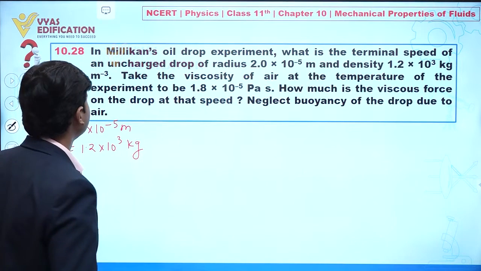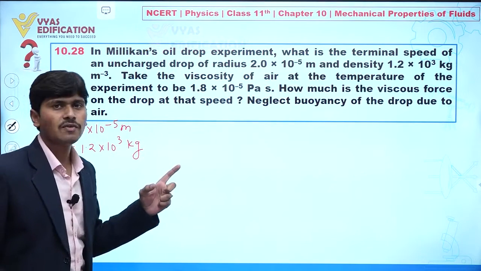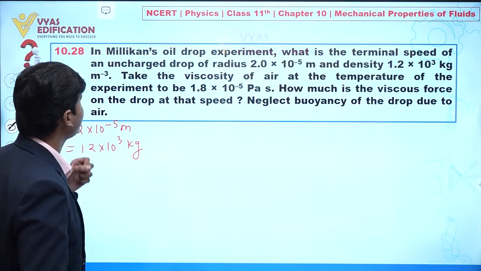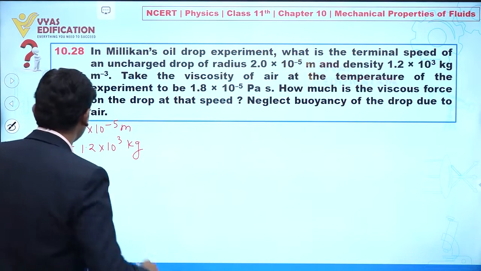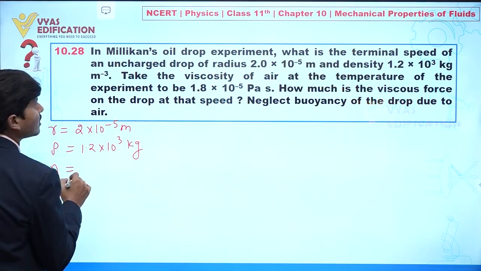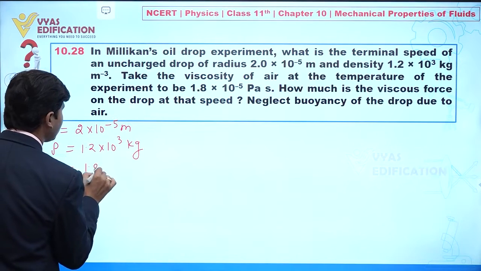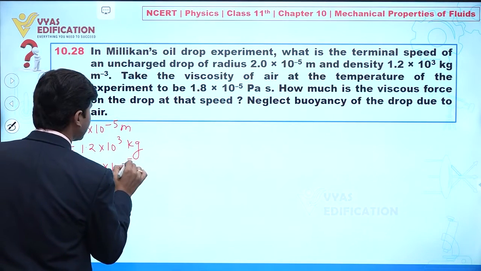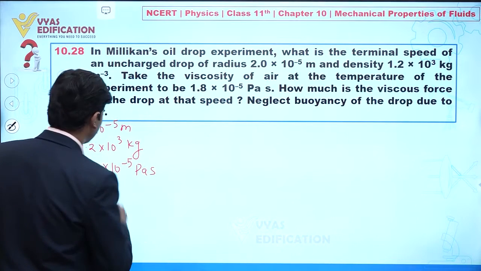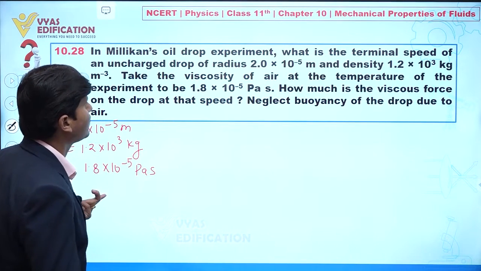Now take the viscosity of air at the temperature of the experiment to be 1.8 into 10 to the power minus 5 Pascal second.